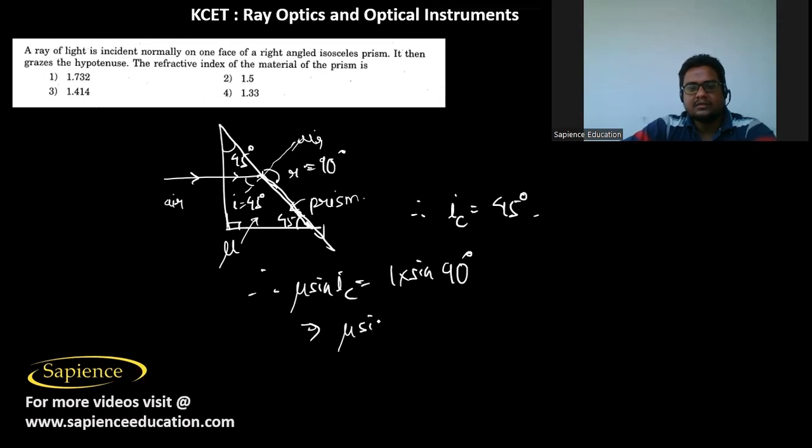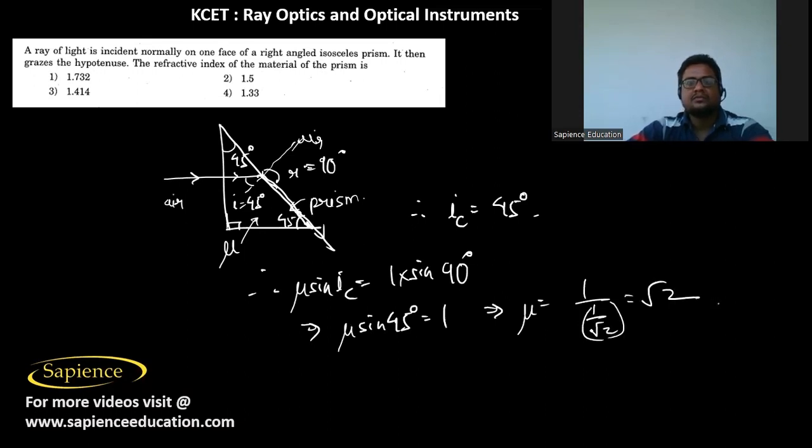So mu into sine 45 degrees is equal to 1. Therefore mu will be equal to 1 by sine 45 degrees, which is root 2. So mu will be approximately 1.414. So the refractive index of the material of the prism is 1.414. Option 3 is the correct answer.